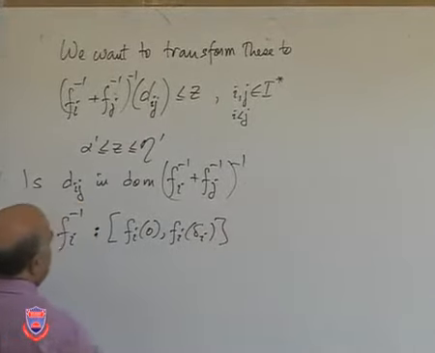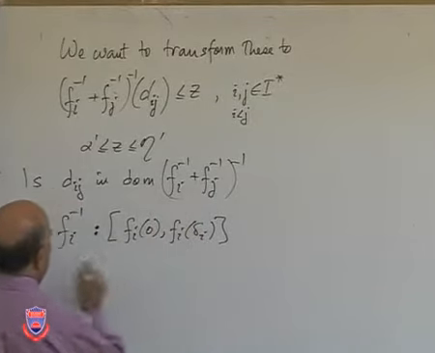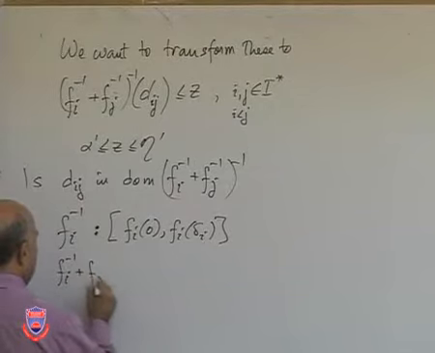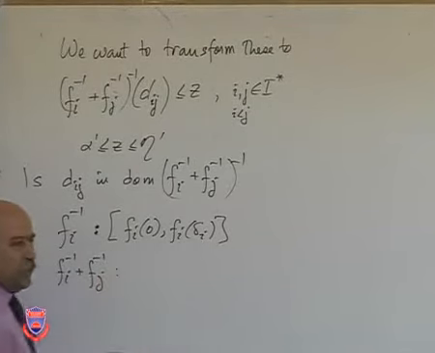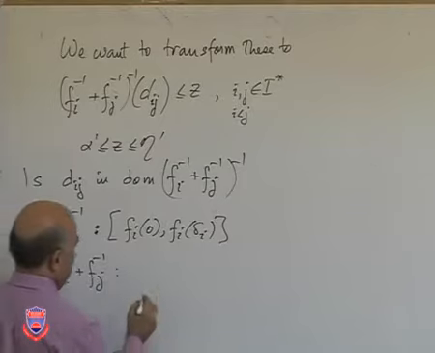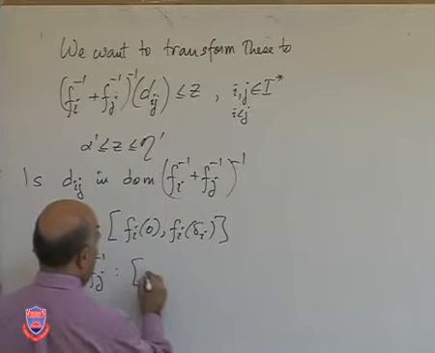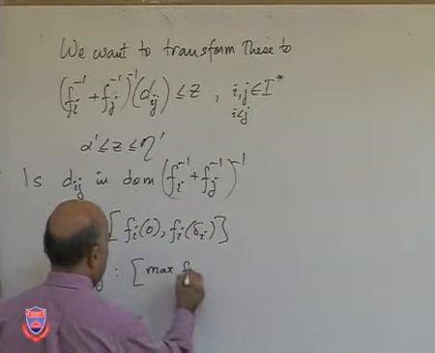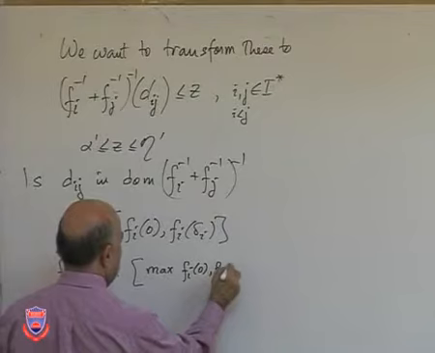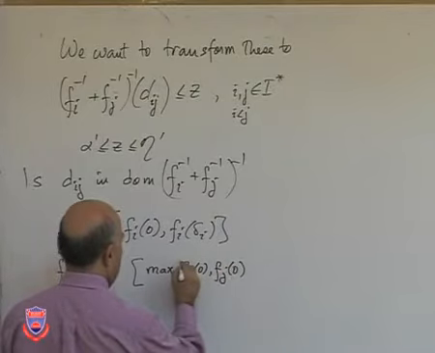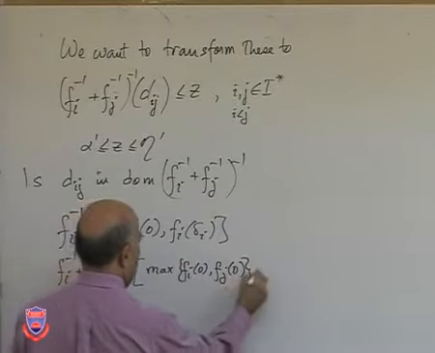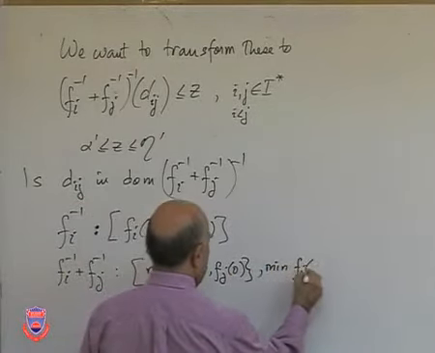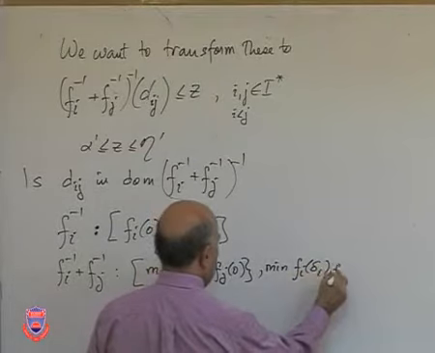So Fi inverse plus Fj inverse, the domain is the intersection of the domain of these two, which means it's going to be the maximum of Fi0, Fj0, and the minimum of Fi delta i, Fj delta j.